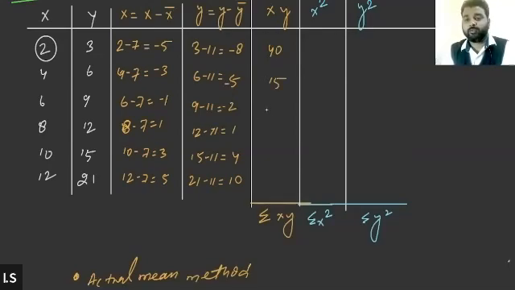Then minus 2 into minus 1, 2. Then 1 into 1, 1, 4 into 3, 12, and 10 into 5, 50. Now we will total the product of x and y. The sum total of the product of x and y will be 120.